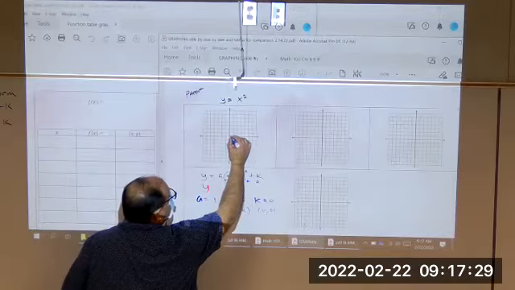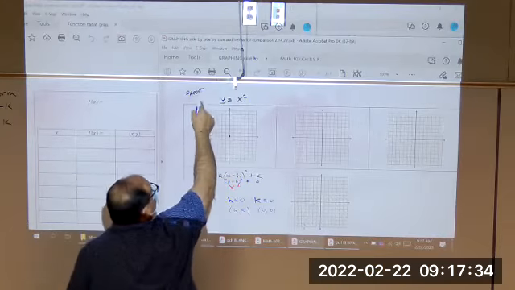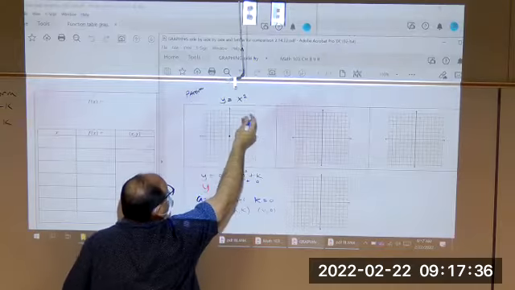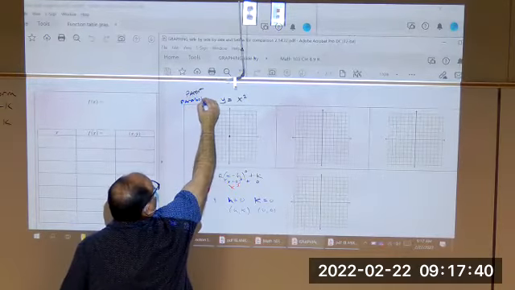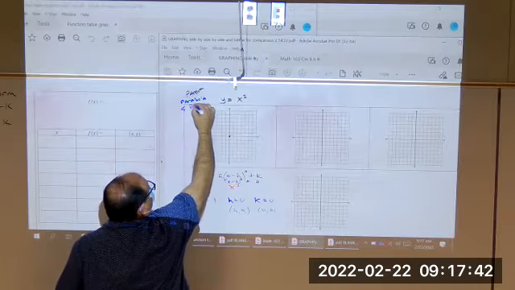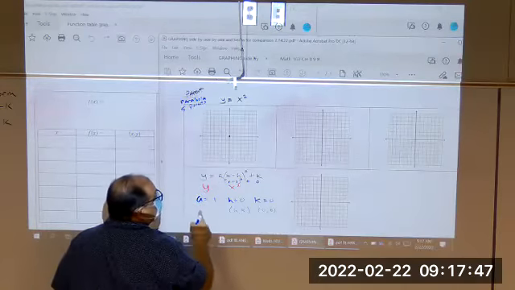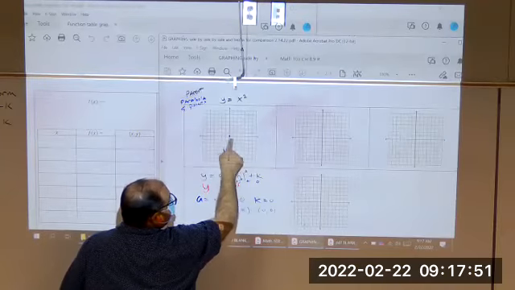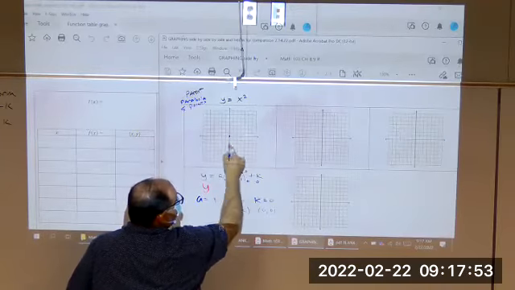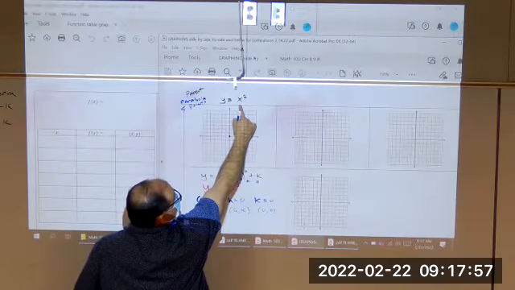Now, if I want to graph this correctly, I need at least 5 points for a parabola. All you need to do is plug in one number to the right of the vertex. The first number to the right is 1. What's 1 squared? 1.